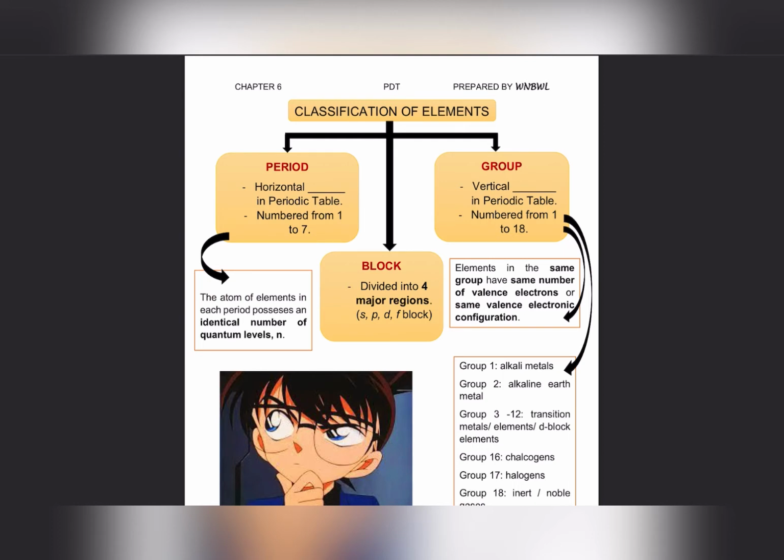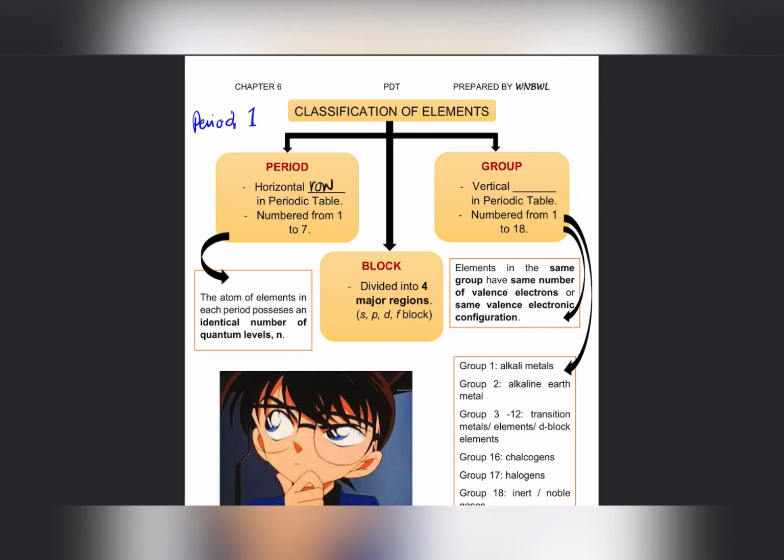As you know before, we got to know about period, group and block. Untuk period, dia adalah horizontal row, number from period 1 until period 7. Dan cara untuk kita tulis period adalah period 1.